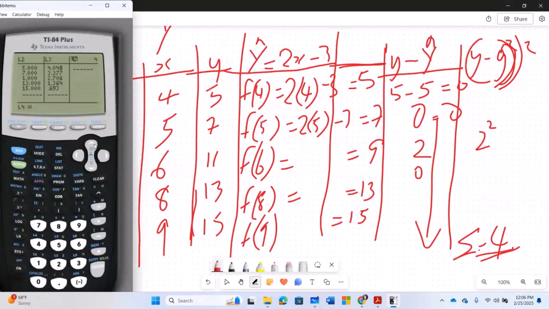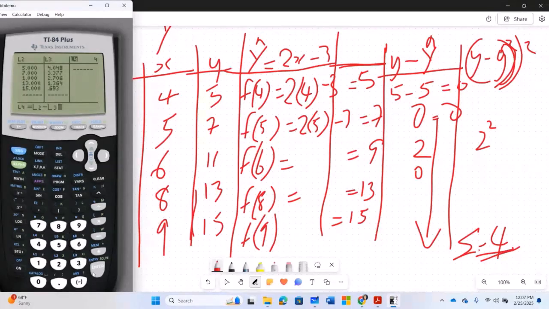So I'm going to tell my calculator to find column 5. I have in my calculator to subtract this column from Y1. So this is my L2. I am telling my calculator to subtract L3, so second L2 minus second L3.